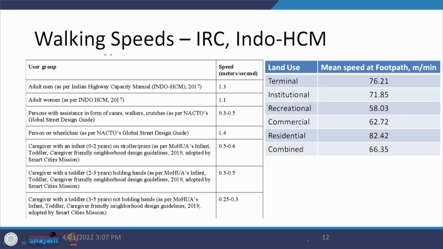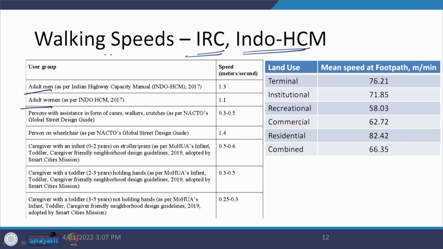The next thing which we can talk about here is the walking speed. Now, walking speeds have been defined by the Indian Roads Congress in its own guidelines, that is IRC 103, as well as the Highway Capacity Manual of India, which came up in 2017. There also the values have been specified for different categories of users.